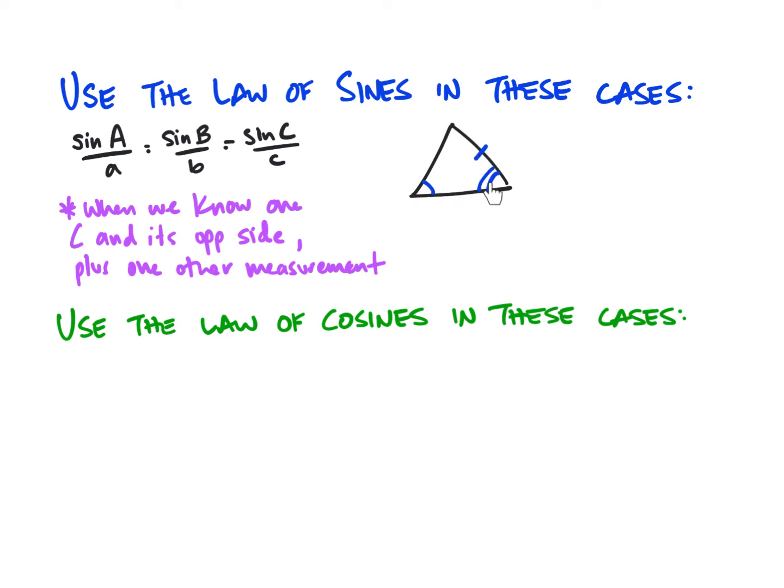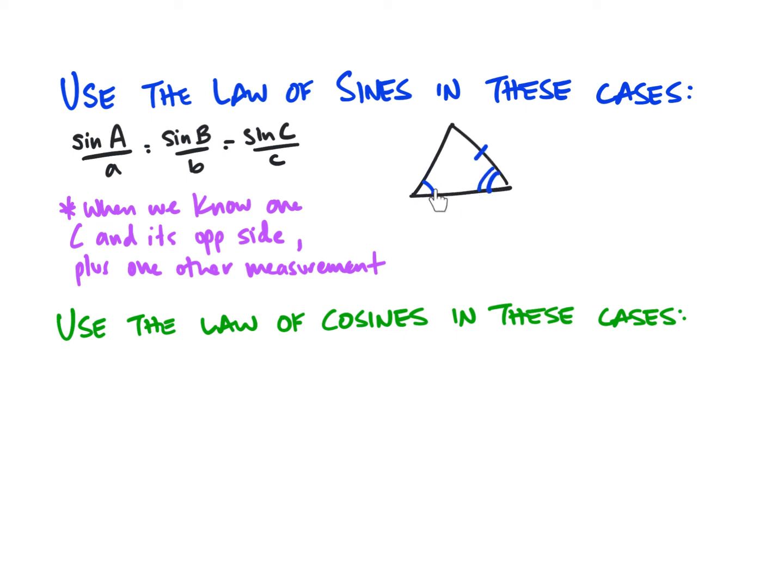If I know that, then I can figure out this side using the law of sines. I could technically even figure out this side. I would first subtract these angles from 180 to get this one, and then this angle and its opposite side plus this angle would let me find this side. The way it sits now, knowing this angle, this opposite side plus this angle, I can find this side.